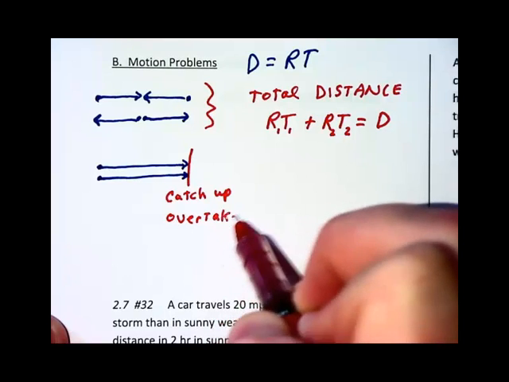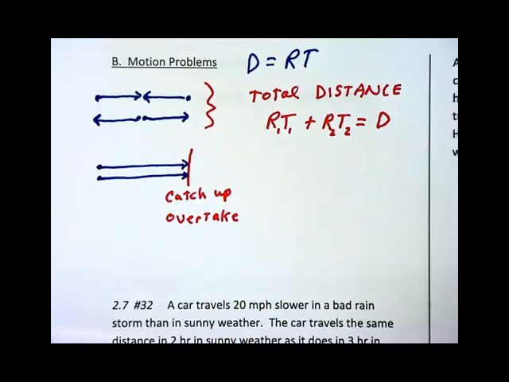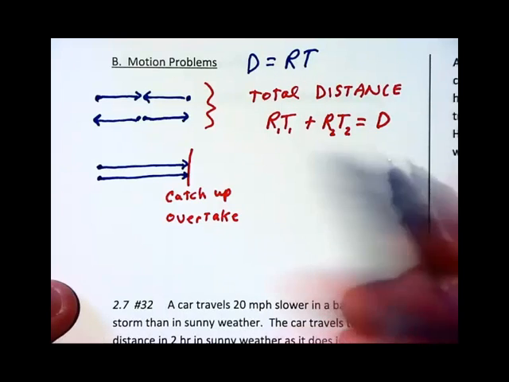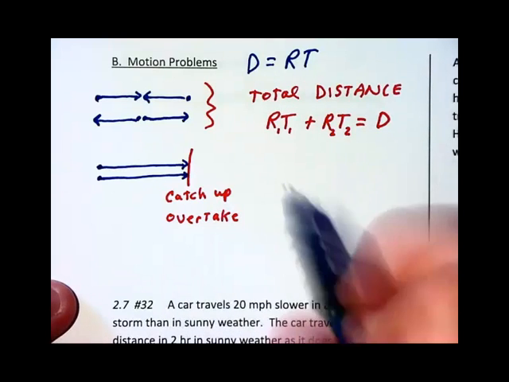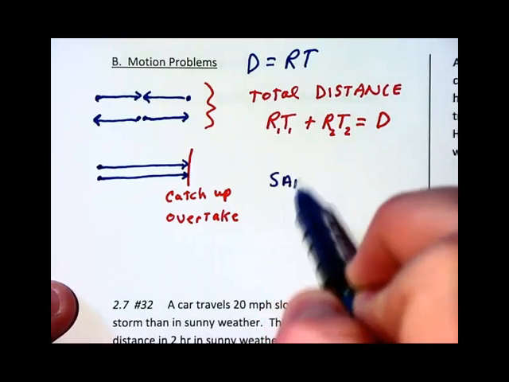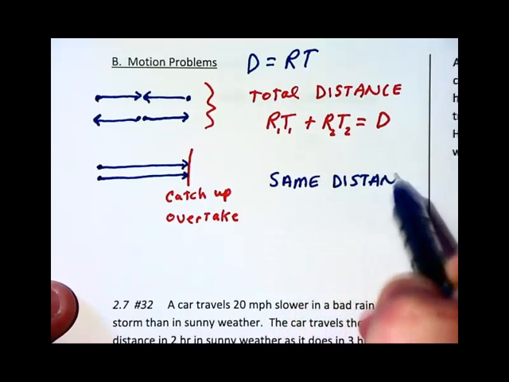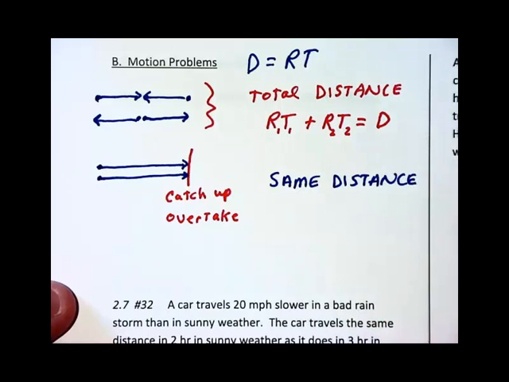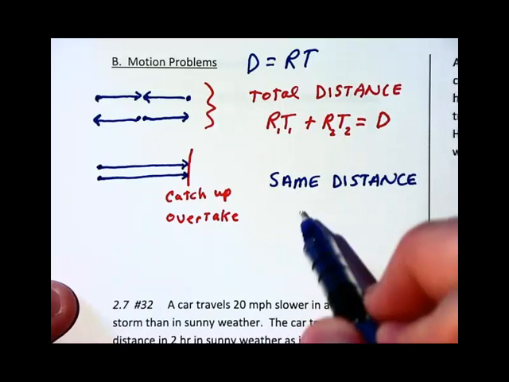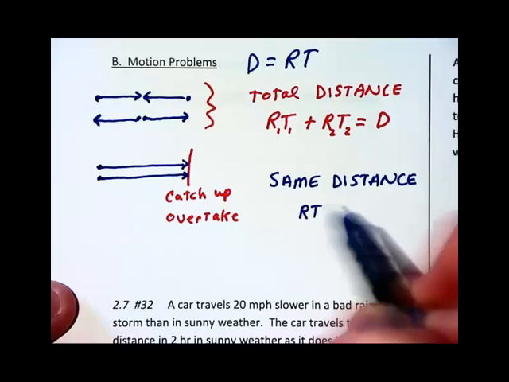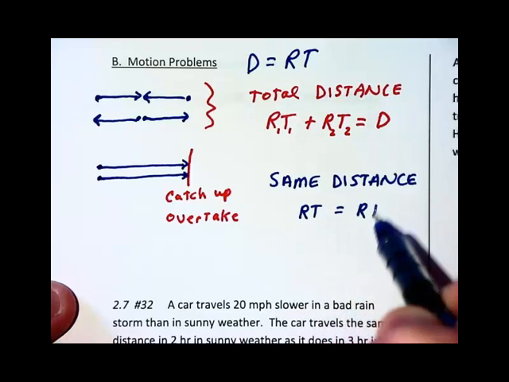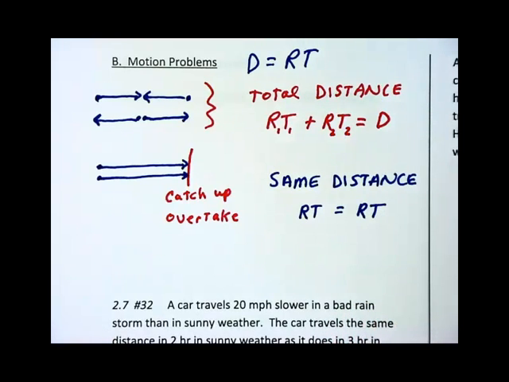Those are a couple of words we use. And in this pattern, instead of having a total distance, when someone catches up, they have traveled the same distance. And so with the same distance, you're going to have distance for one car, which is RT, equals distance for another car, which is RT also.